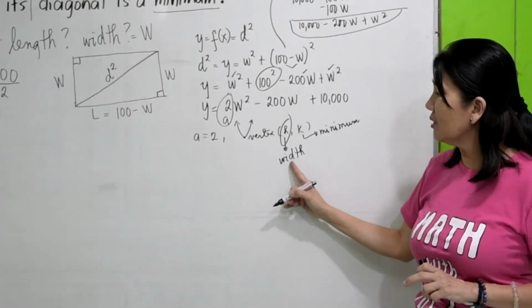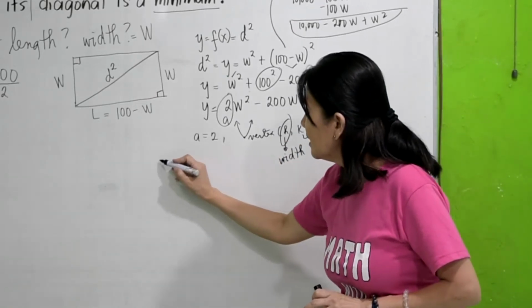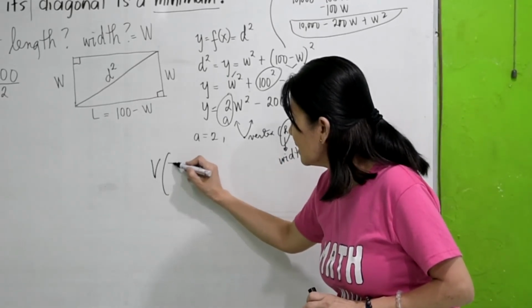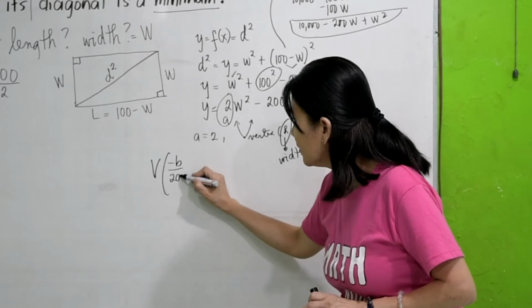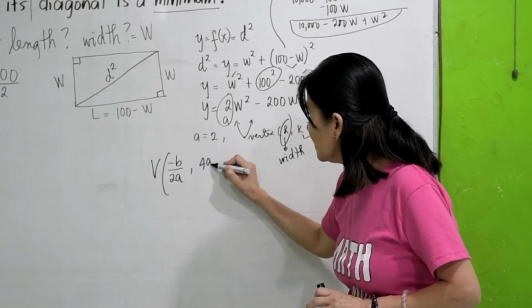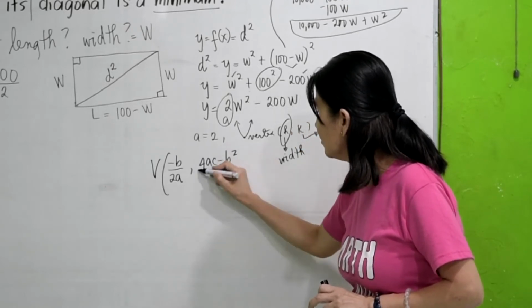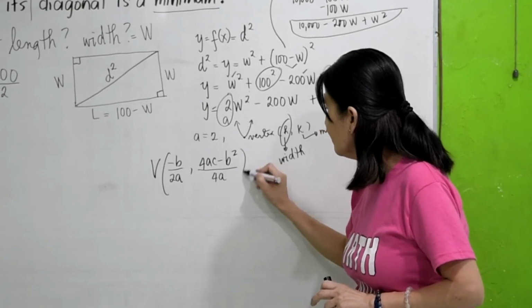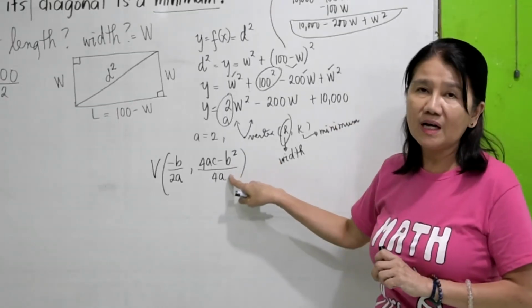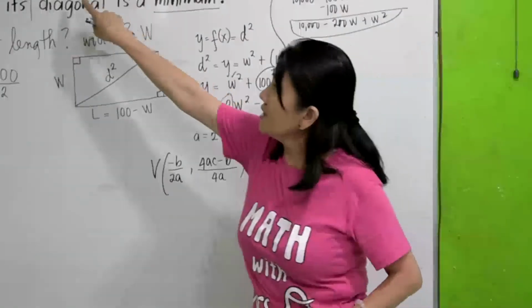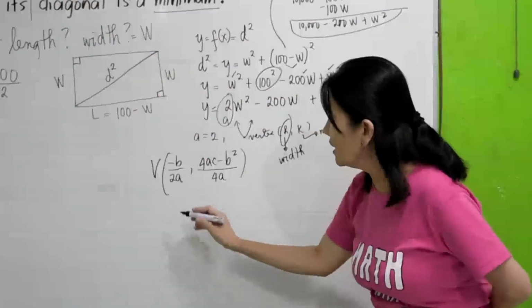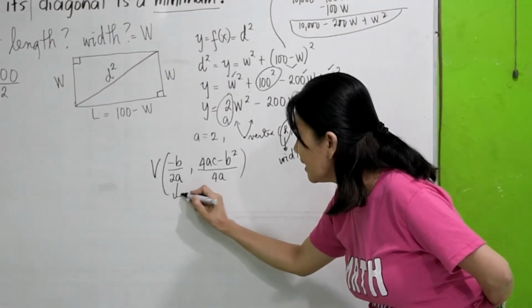So we have to solve for the h. The vertex formula is negative b over 2a for h, 4ac minus b squared over 4a for k. But are we interested in the minimum value? No. We're just interested in the dimensions. So we only have to look for this value.